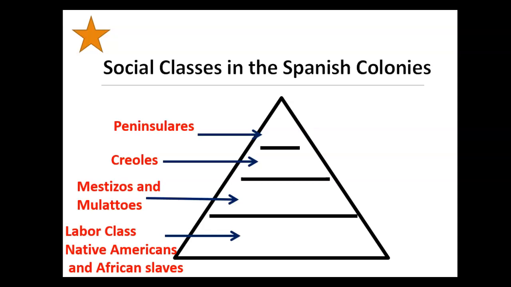Locally born Creoles, people of European descent born in the Caribbean or Spanish America, were viewed as underneath the Peninsulares. Despite their social status, many Creoles were in fact wealthy landlords. But nevertheless, locally born Creoles had long resented the privileges granted to Peninsulares.